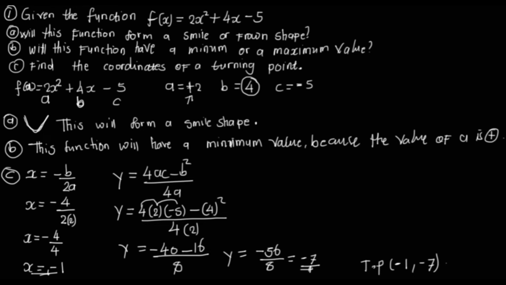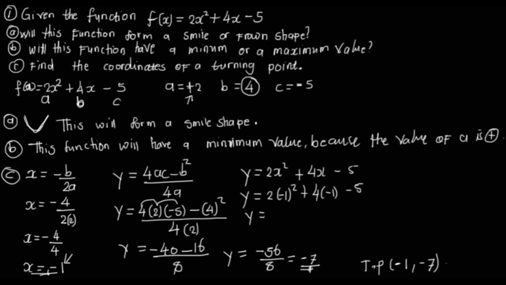Now let's look at another way in which we can find the y coordinate of the turning point. For this, make sure you have the x coordinate. Then we can just use the original function, 2x squared plus 4x minus 5. Wherever there is x, we substitute the x coordinate of the turning point, negative 1: 2 times negative 1 squared plus 4 times negative 1 minus 5.